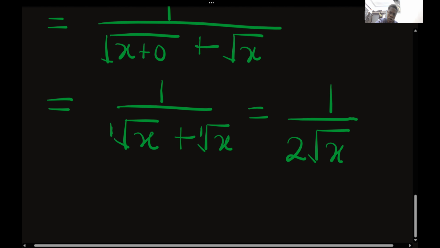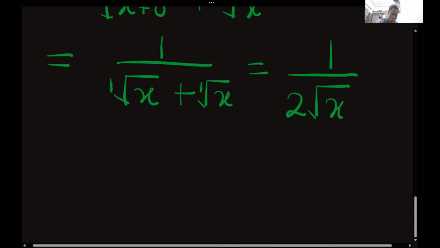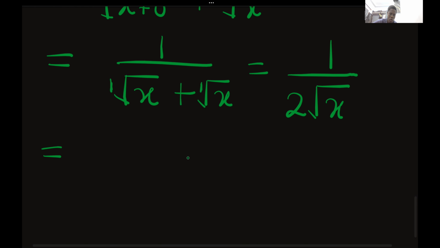All right, so you can equally rationalize your final answer. If you want to rationalize it, you repeat the answer, 1 over 2 multiplied by the square root of x. Then you use the conjugate to multiply it.